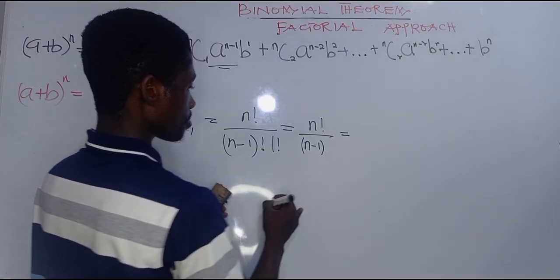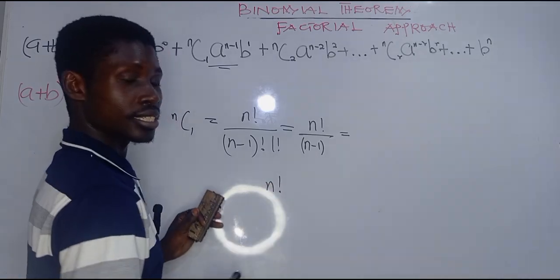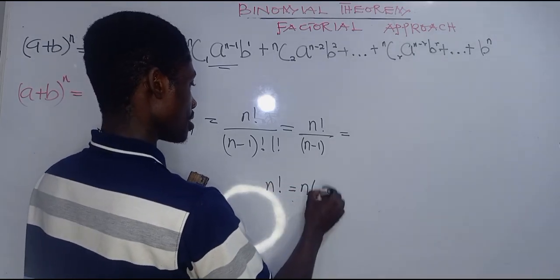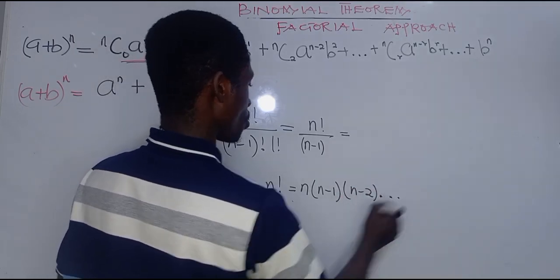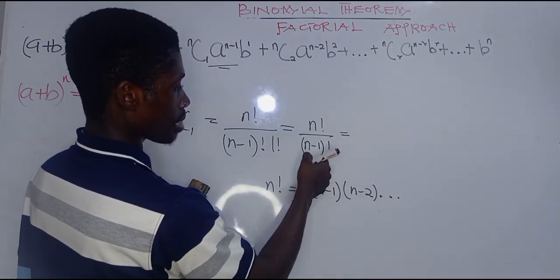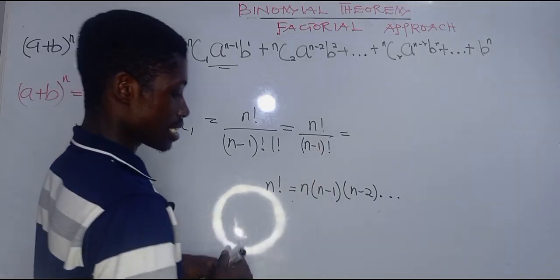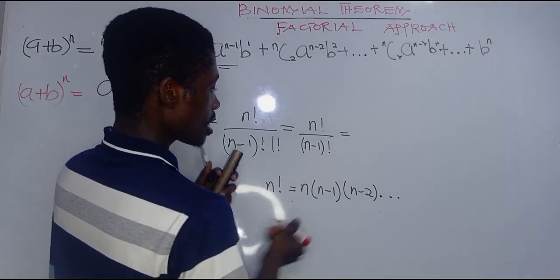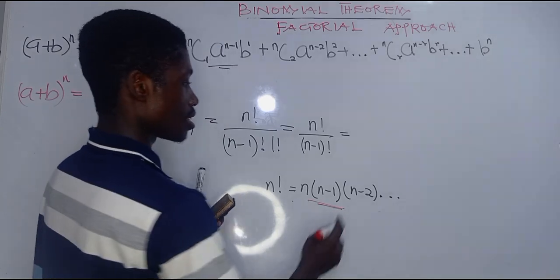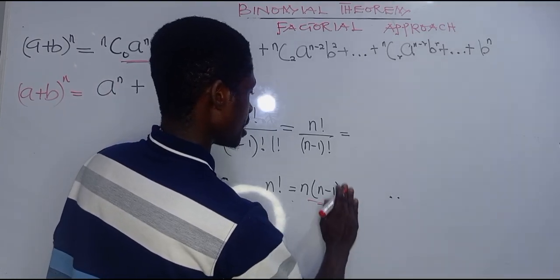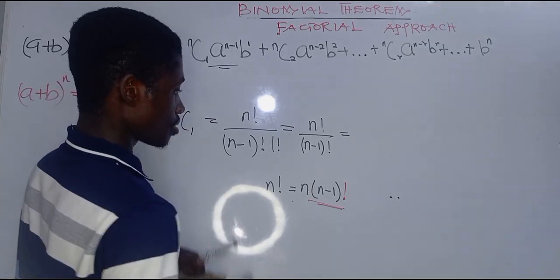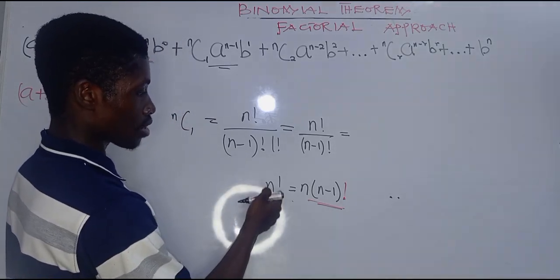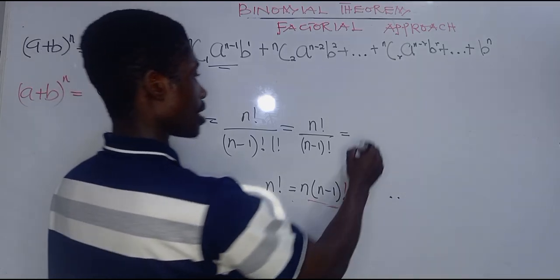Now we know that n factorial is giving us what? n times (n minus 1), (n minus 2), and so on. Now since we have (n minus 1) factorial here, we can decide to end at this very part so that we can clean this, and then we add our factorial to it. So in place of n factorial, we can write this.